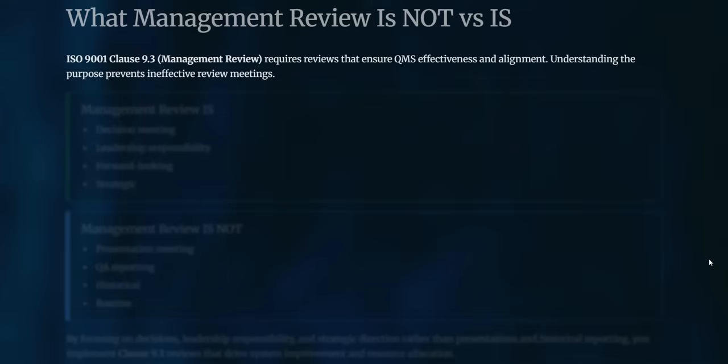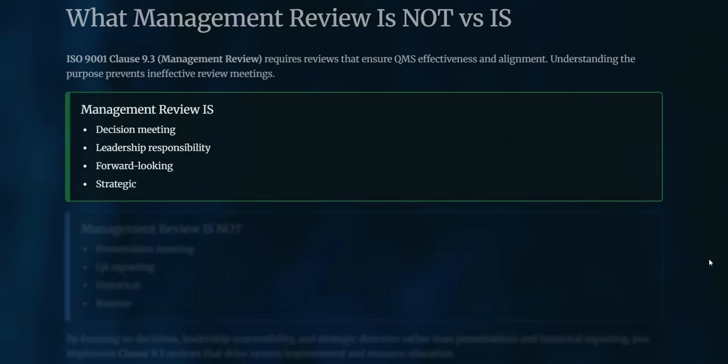Understanding the purpose prevents ineffective review meetings. An effective review meeting: management review is a decision meeting, a leadership responsibility meeting, a forward-looking meeting, and a strategic meeting.